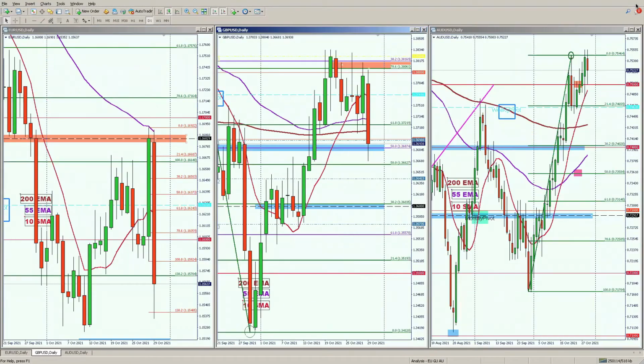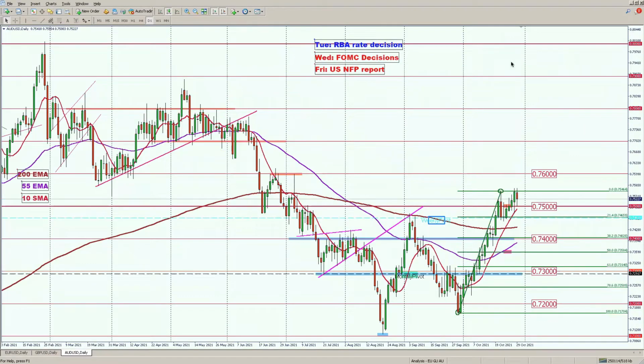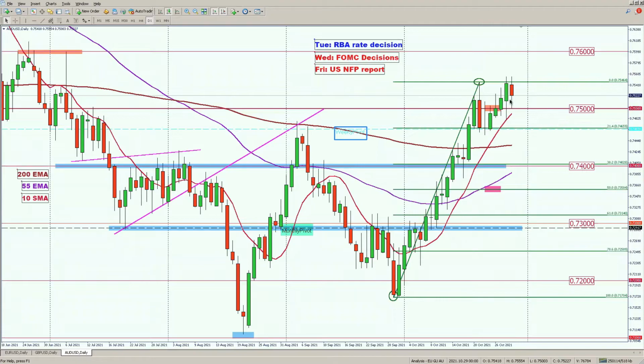Let's move on to Australia and the Aussie dollar, where it is also the RBA's turn on Tuesday to decide on their rate decision. They may announce that they could pull in the dates. It's probably towards the end of next year where they are likely to increase rates.